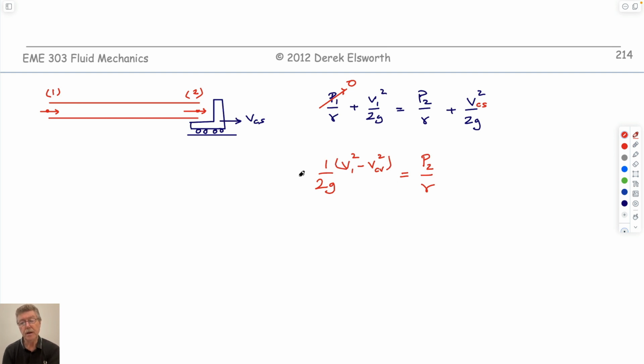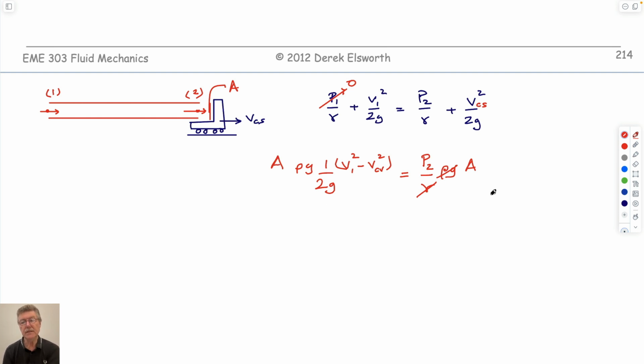We could multiply both sides by rho g, in which case we get rid of this. And we could multiply by the area of the sled. I guess the area of the sled would be this, multiplied by A.